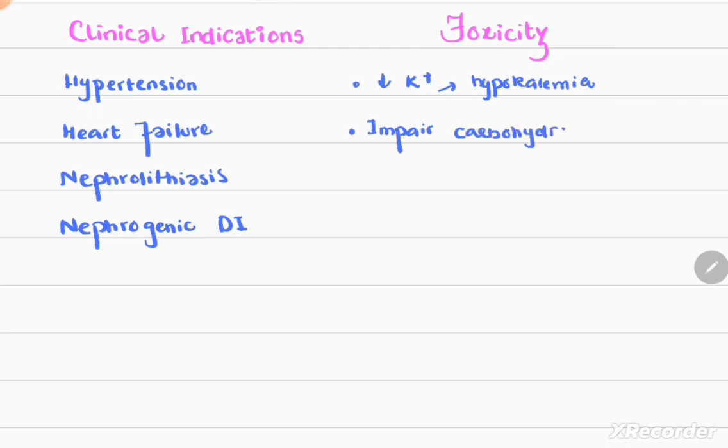Now, this is something new, how these drugs impair carbohydrate tolerance. Hyperglycemia may occur in patients who are overtly diabetic or who have even mildly abnormal glucose tolerance tests. The effect is due to impaired pancreatic release of insulin, and it diminishes the tissue utilization of glucose.